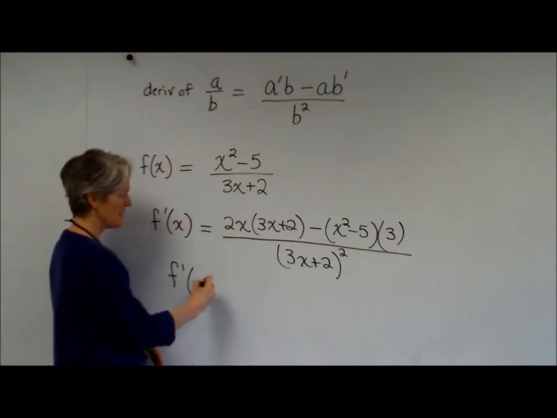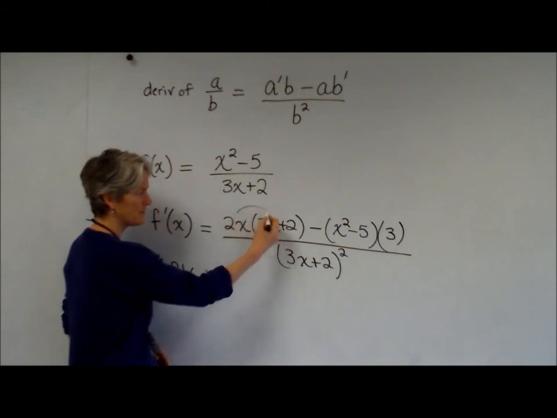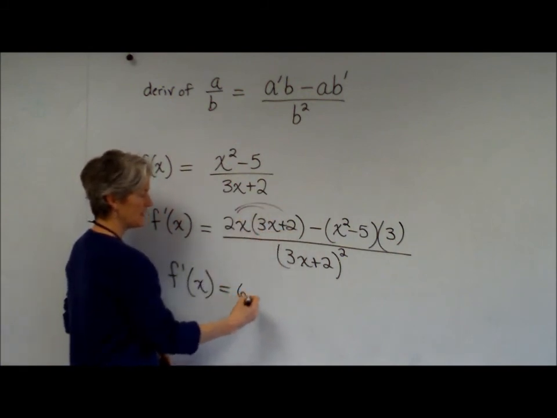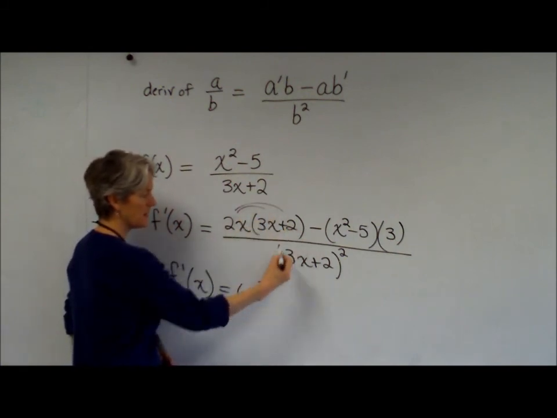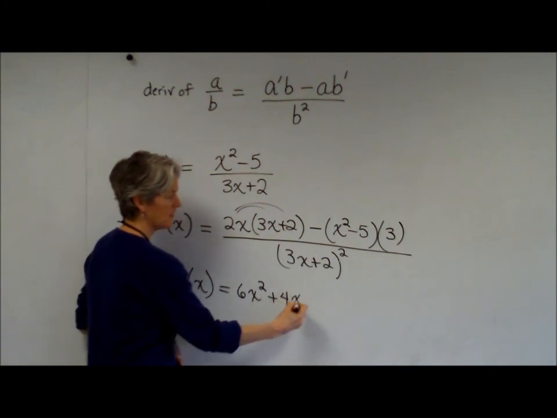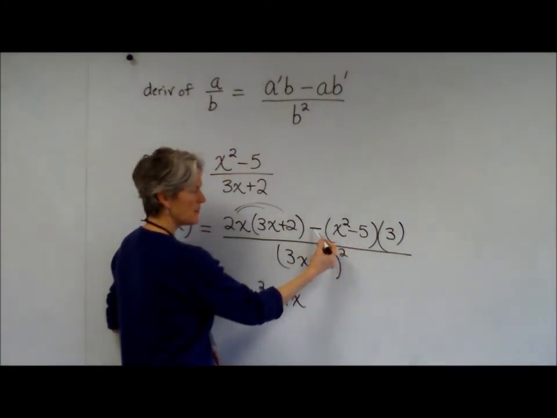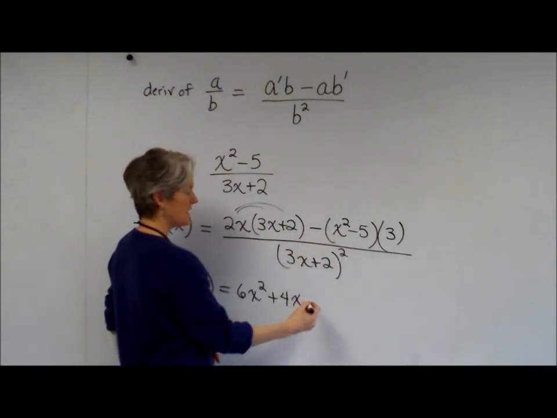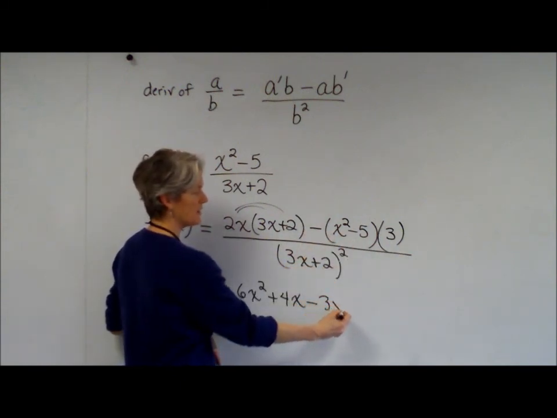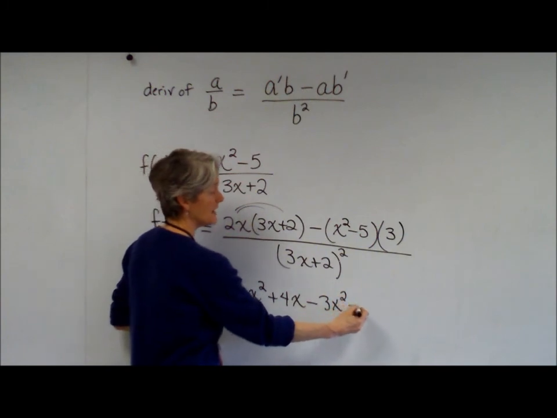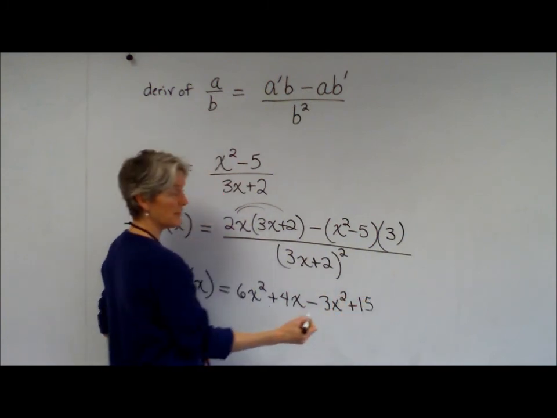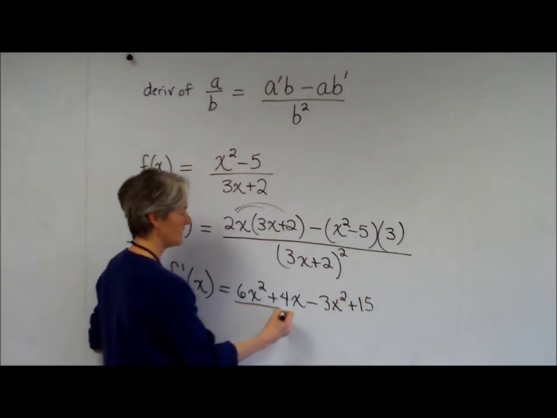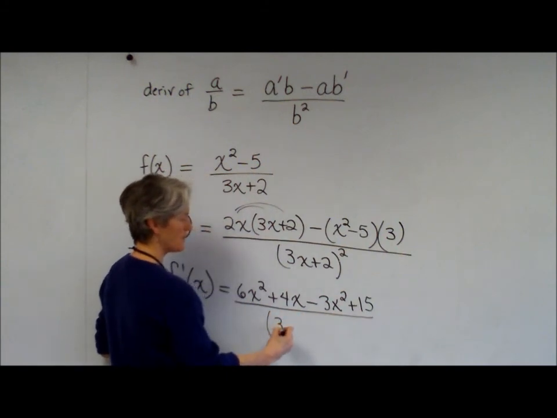So I'm just going to combine that numerator, do some distributing. 6x squared plus 4x. Let's see, I'm going to think of that as a minus 3 that I'm distributing through, so negative 3x squared plus 15. Did I freak anybody out there? No, I'm good. Good. All over 3x plus 2 squared.